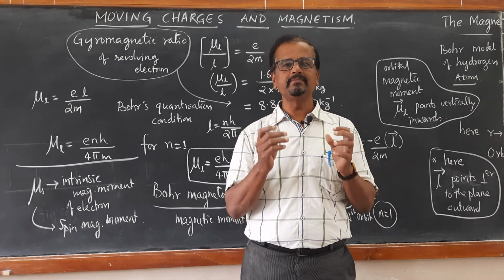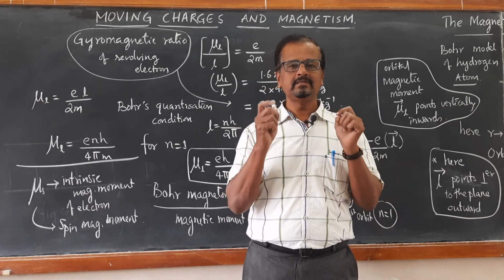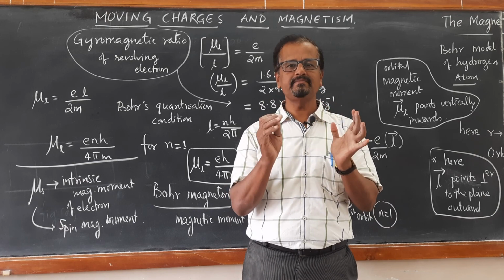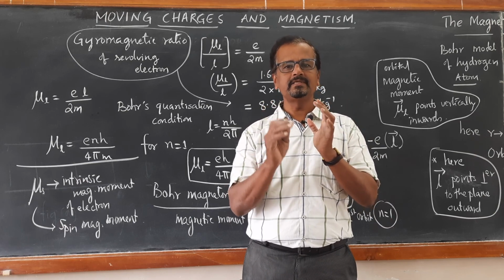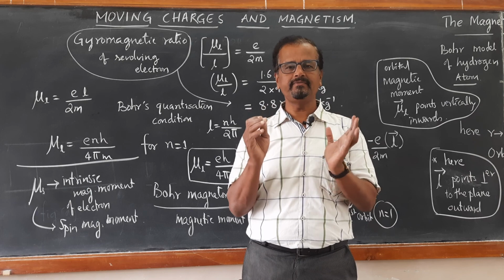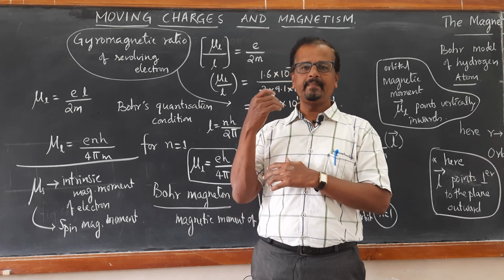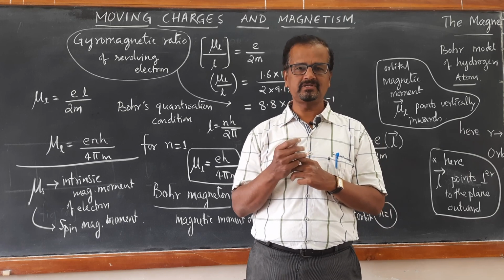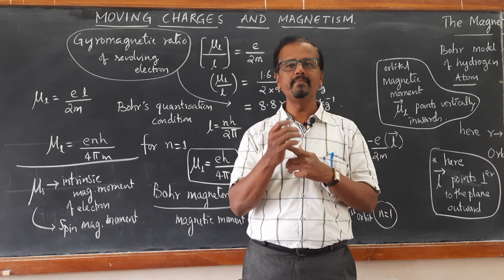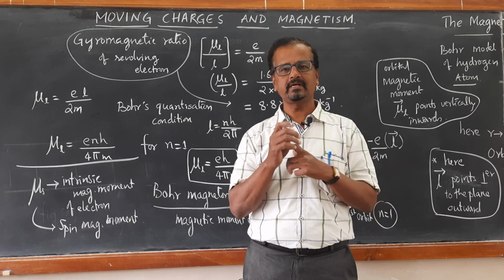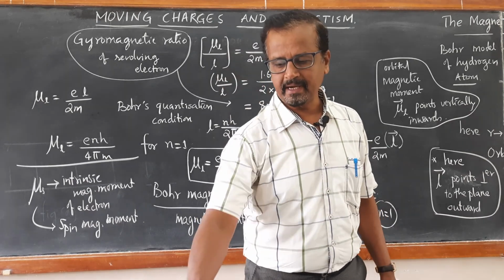The cause of magnetism is the spin moment of the electrons, and it is nothing but the movement of electrons, the circular movement of the electrons. That is the cause of magnetism.